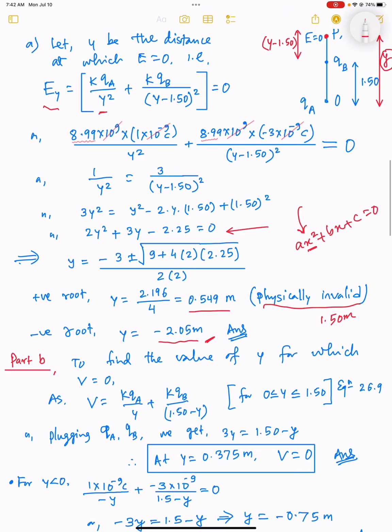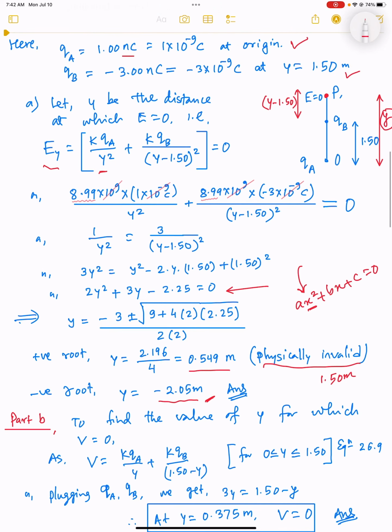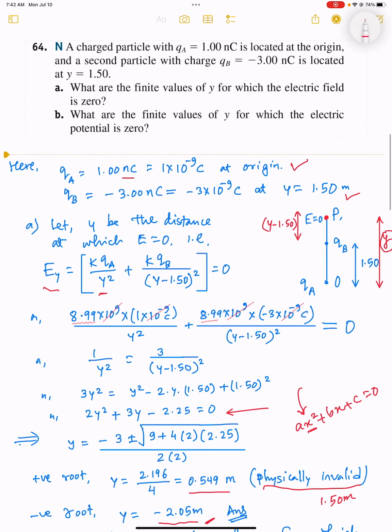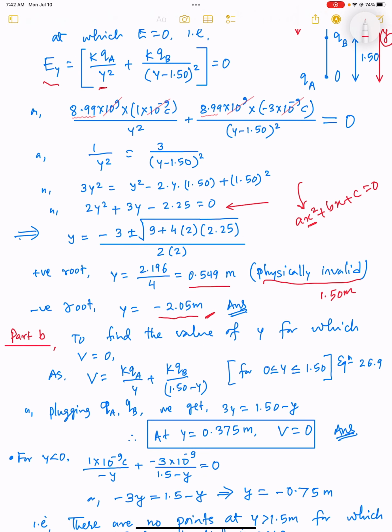For part B, you have to find the value of y for which V is 0. You can use the formula for V for the combination of two charges.